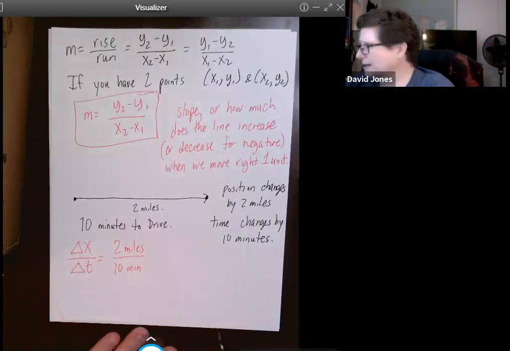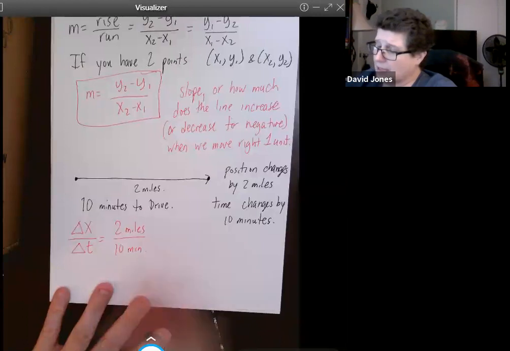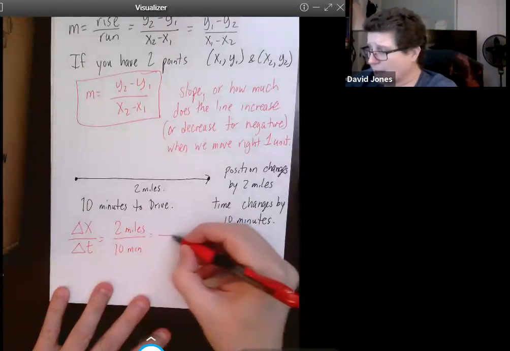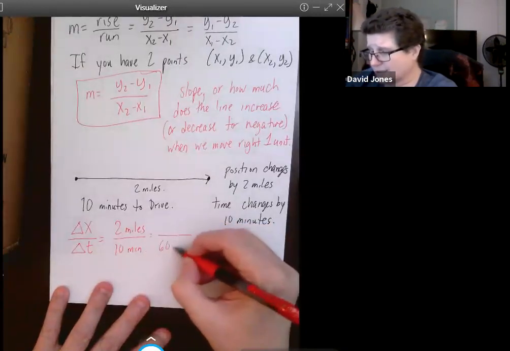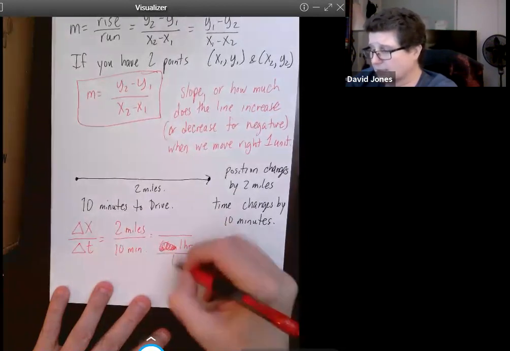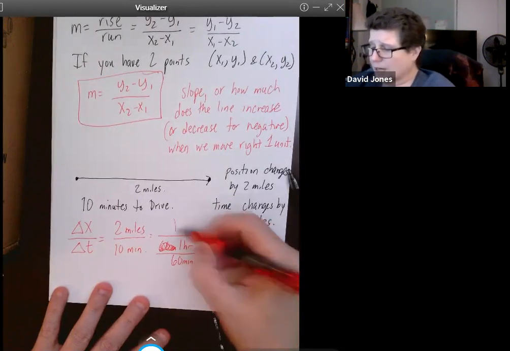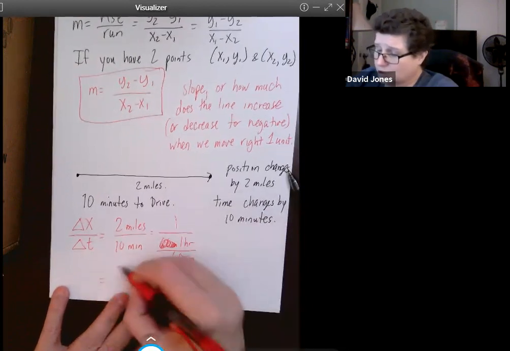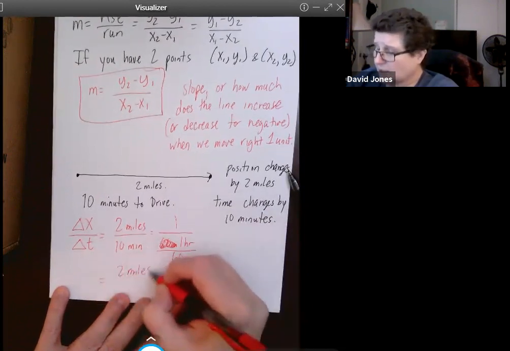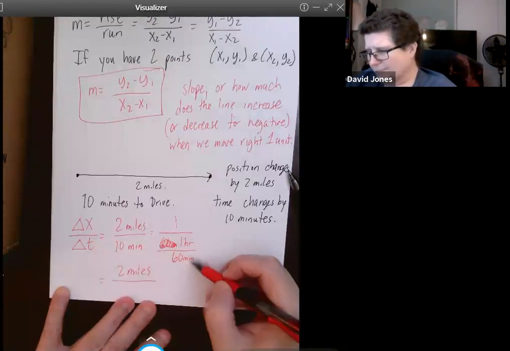We don't really talk about things in miles per minute though, do we? I could multiply this bottom by 60 minutes, or 1 hour equals 60 minutes. So I'll multiply the bottom by that. I get 2 miles and 10 over, the minutes cancel out.